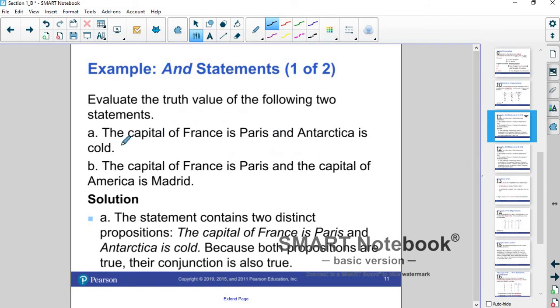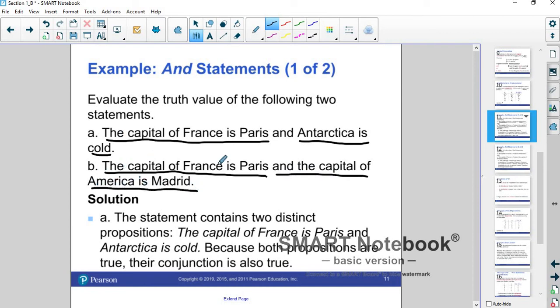So as an example, the capital of France is Paris and Antarctica is cold. The capital of France is Paris and the capital of America is Madrid. These are two different sentences, both created by using and. The proposition A contains these two pieces. Is the capital of France Paris? Yes.